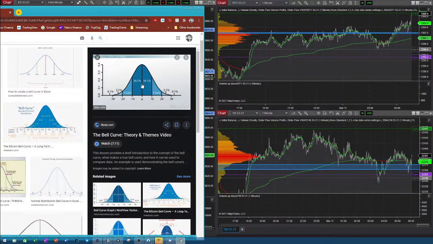So 68% of your sample is going to fall within 1 standard deviation, and 95% of your sample is going to fall within 2 standard deviations. Basically what it tells us is that the further you get out on this curve, the lower the probability is that you're going to continue to get trades in this direction.